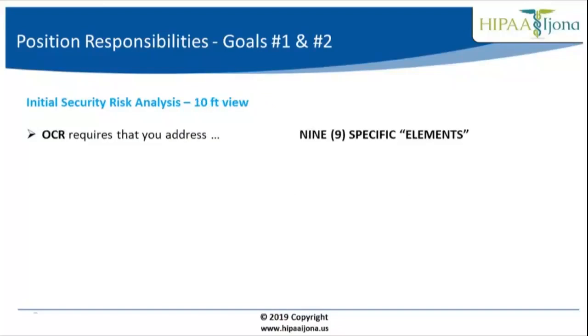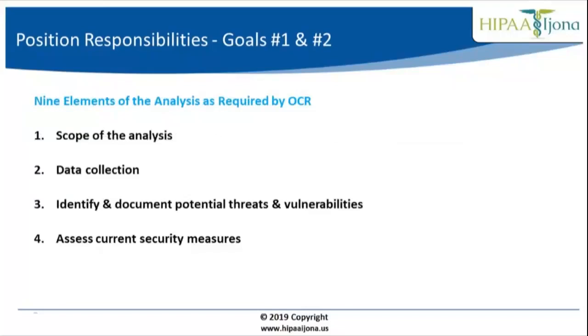Now, let's take it down to a 10-foot level, because the OCR requires that you address 9 specific elements. So let's look at what those are. The first one is you have to come up with the scope of the analysis. We'll talk about that. You're going to have to do data collection. You're going to have to identify and document potential threats and vulnerabilities. You're then going to have to assess current security measures.